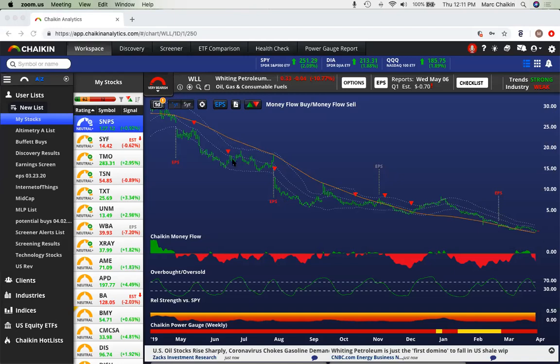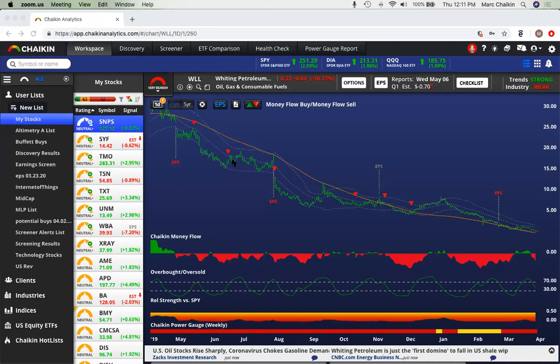What I like to do, once I've zeroed in on a stock that has everything lined up on either the upside or in this case the downside, is then to wait for a disciplined entry. This is where I've used TradeStation so effectively over the years and incorporated that same discipline into Chaikin Analytics. In this case, we're looking at one of our 6 pairs of buy and sell signals. It's what we call a money flow sell.